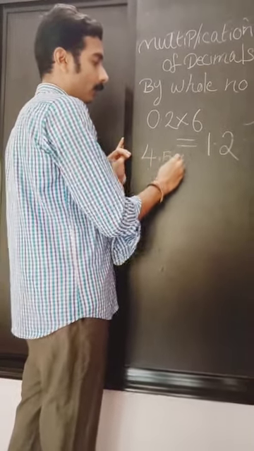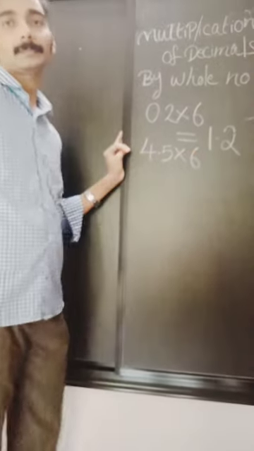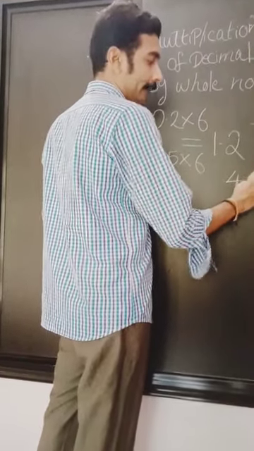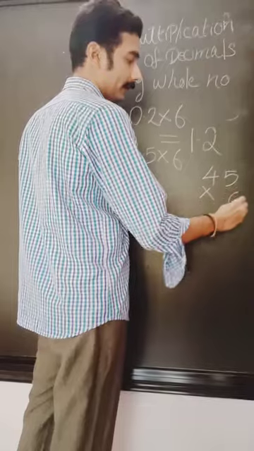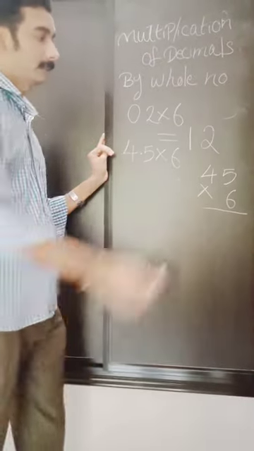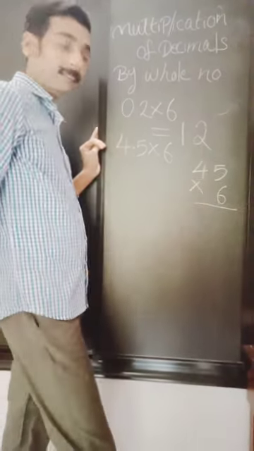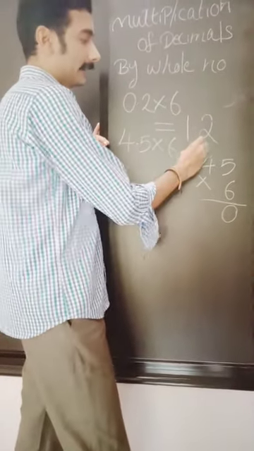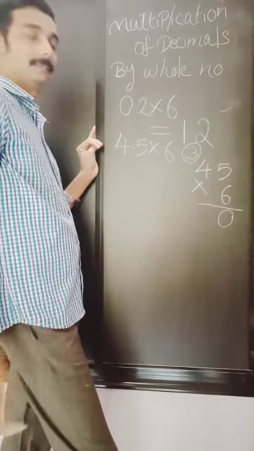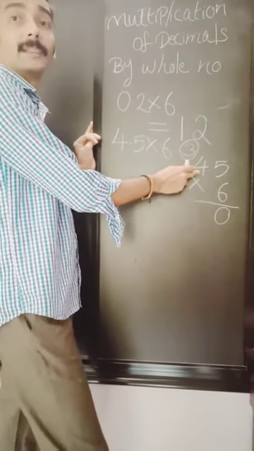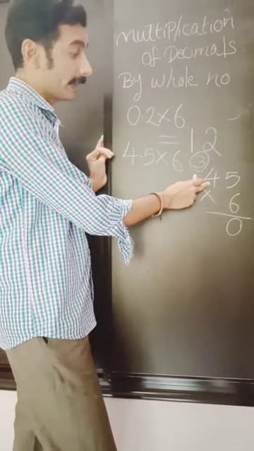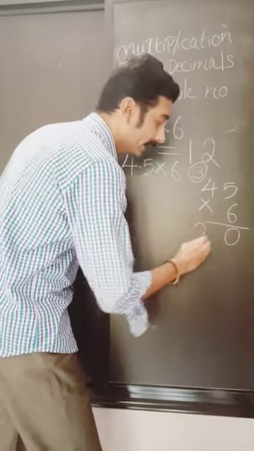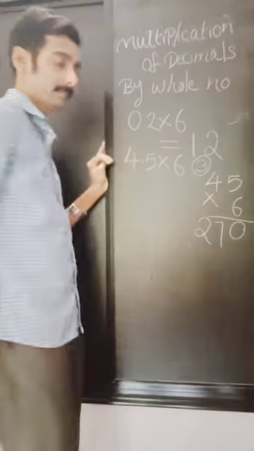Another question is 4.5 into 6. You multiply 45 into 6. 5 into 6, 30. 0, 3 is carry over. 6 into 4, 24. 24 plus 3, that is 27.